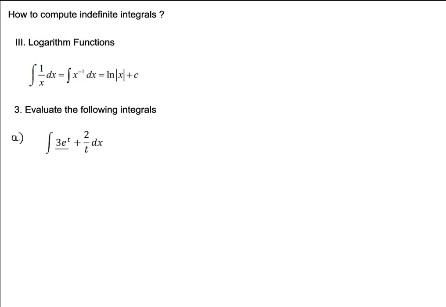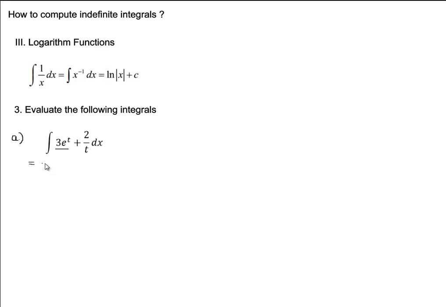For the first example, the integral of 3e raised to t plus 2 over t dt. For the first term, this was already discussed in my previous video, so what we need to do is just apply the formula.